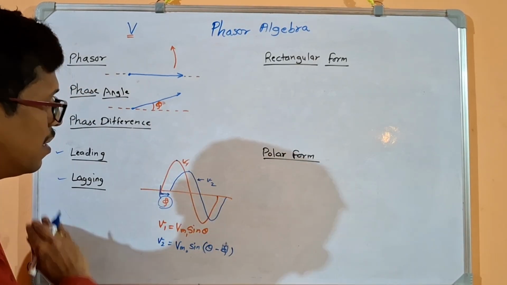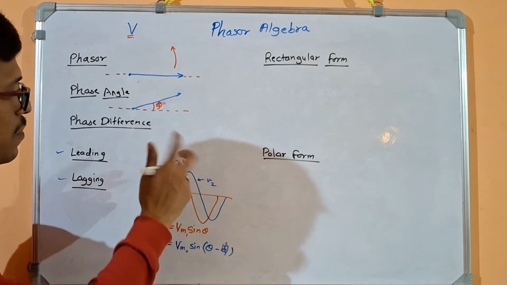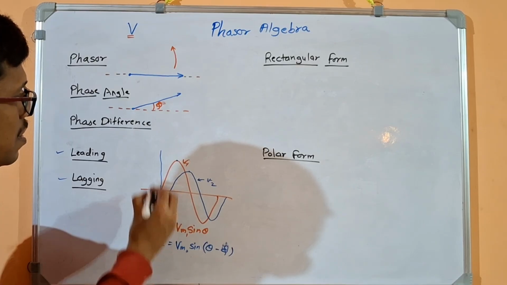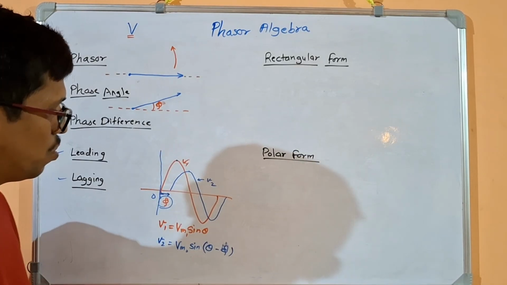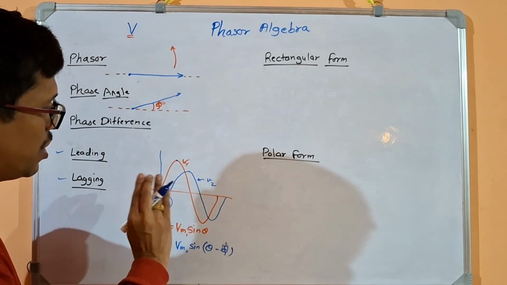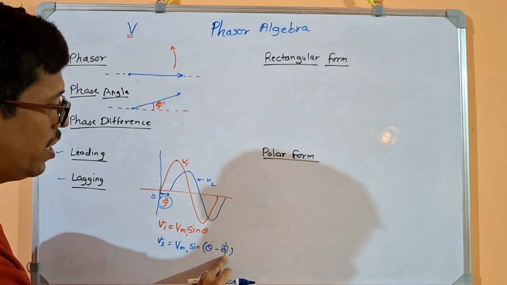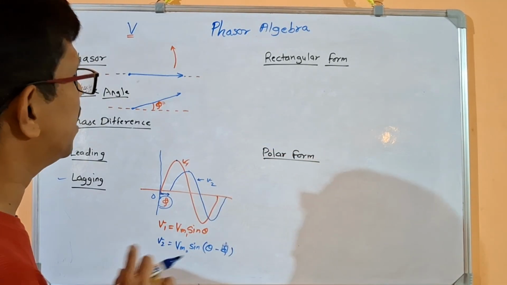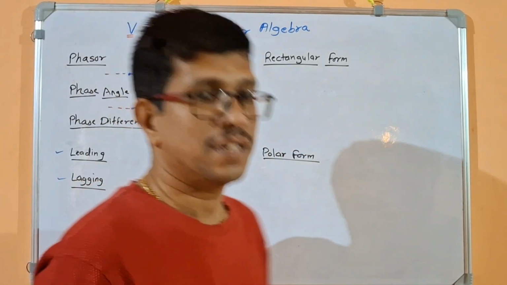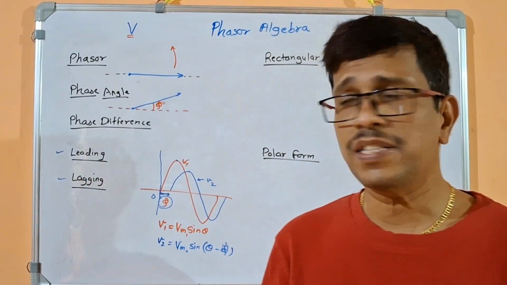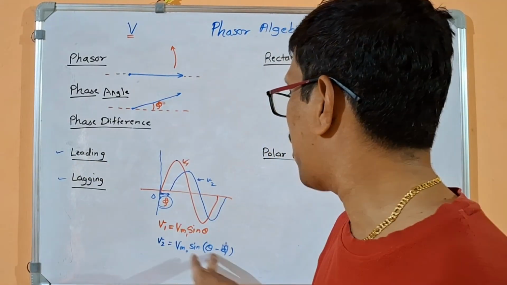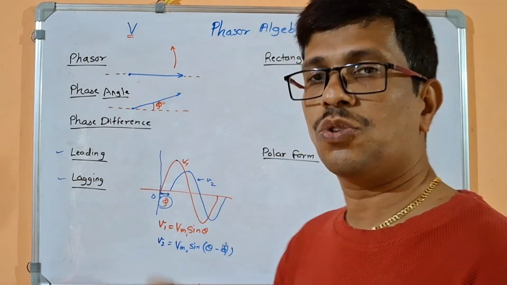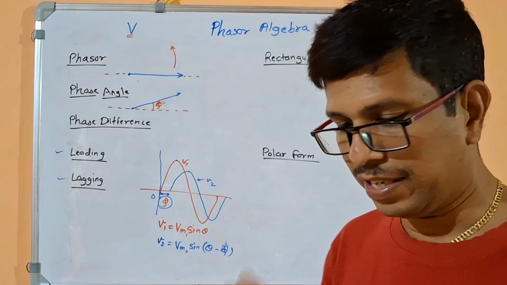V2 is starting earlier than the reference phasor. This is my reference phasor. Okay, 0 पासनं start होतो, and V2 which is starting afterwards, so it is lagging phasor. हे झाले तुमचे फेजर. ओके, दोन फेजर मधला फेज डिफरन्स असतो हा फाय. आयदर तो लिडिंग असेल किंवा लॅगिंग असेल.